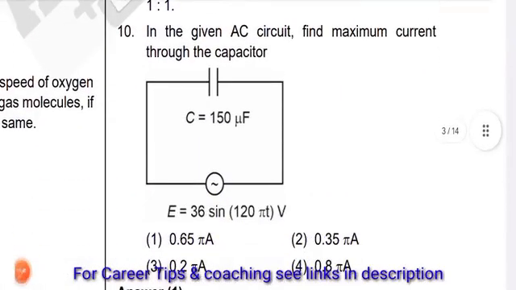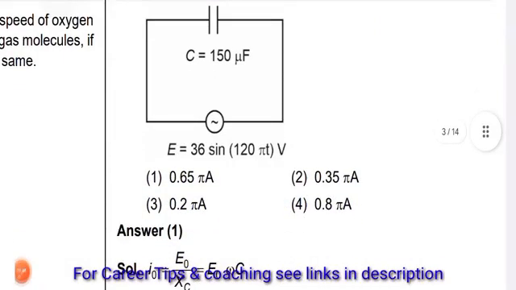The next question is in a given AC circuit, you need to find the maximum current through the capacitor. For that, you will get the answer 0.655 amperes.